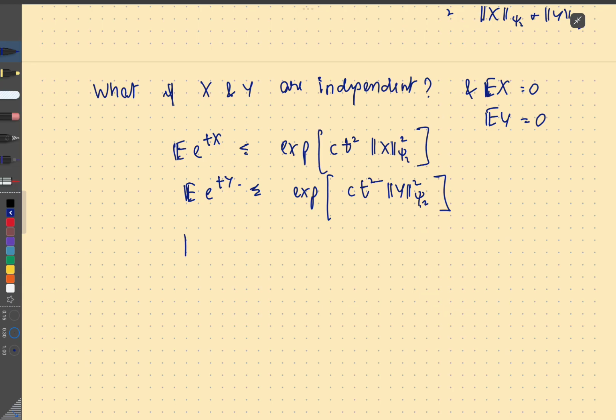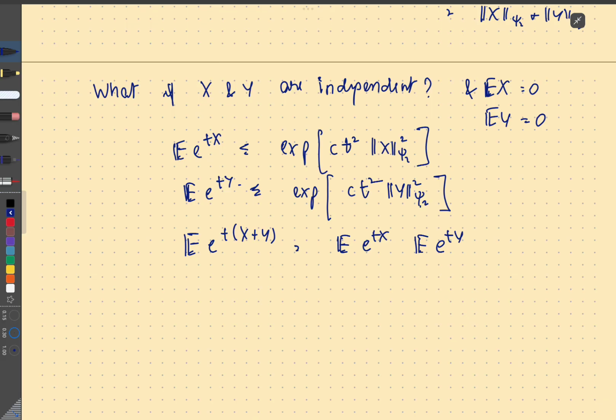So what can you say about the expectation of e to the t times x plus y? This is the expectation of e to the t times x times the expectation of e to the t times y, because x and y are independent of each other.